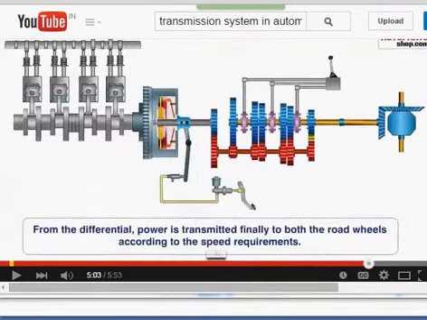This is the transmission system of an automobile. These are the engine cylinders, from which the rotary motion comes. This is the crankshaft. This rotary motion is transferred to the wheels, which are fixed at this end.